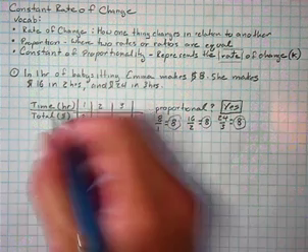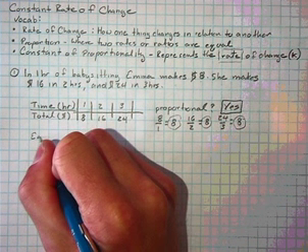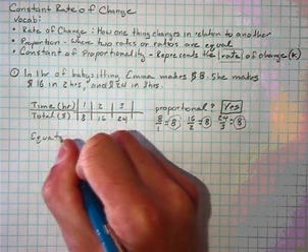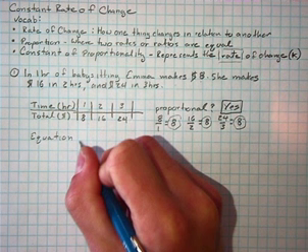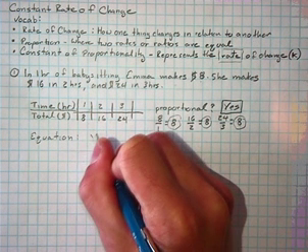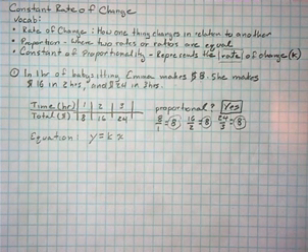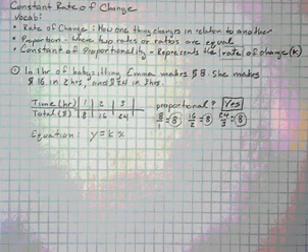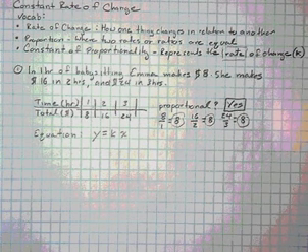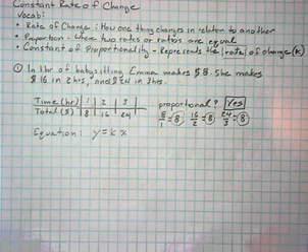The second thing we have to do is write an equation. And we write it like this. Y equals kx. Our first little algebra that we're learning.